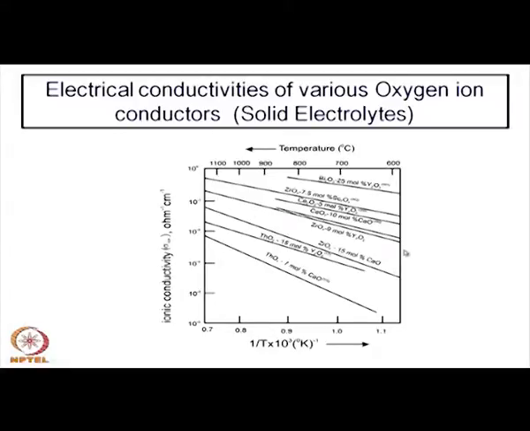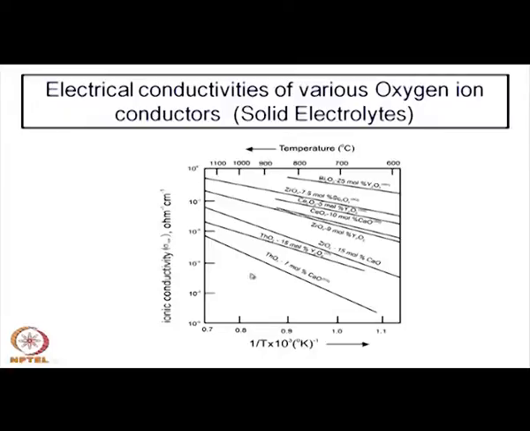But the most important solid electrolyte is zirconia stabilized or doped with yttrium oxide, or zirconia with 15 mole percent calcium oxide. Yttria is normally preferred because it has a higher conductivity than calcium stabilized zirconia.